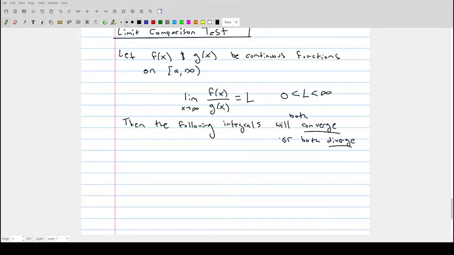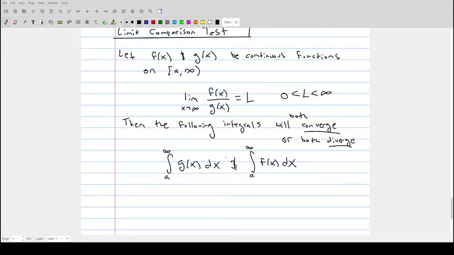Means that convergence or divergence of one implies the convergence or divergence of another. So the integral from a to infinity of g of x dx and the integral from a to infinity of f of x dx.